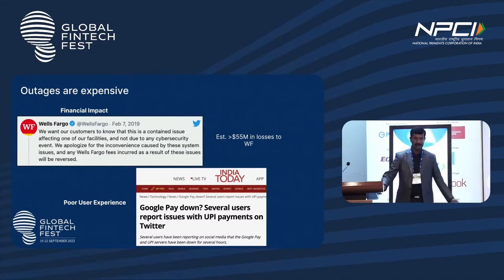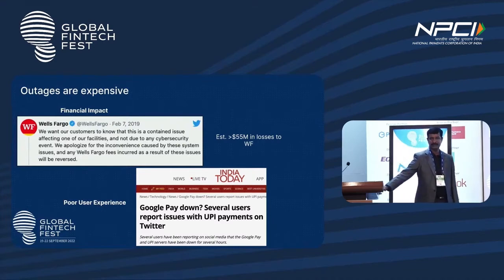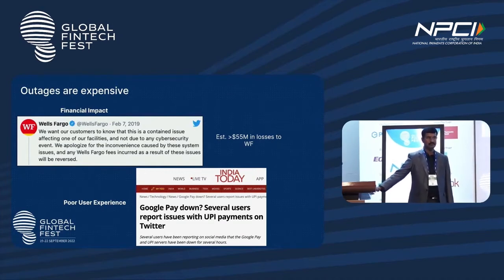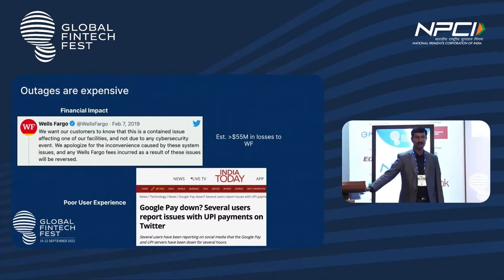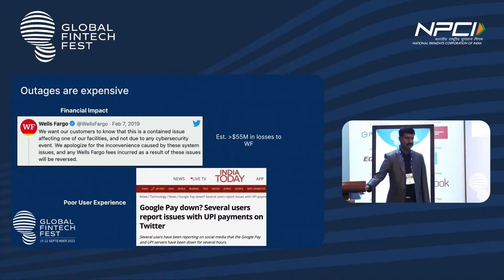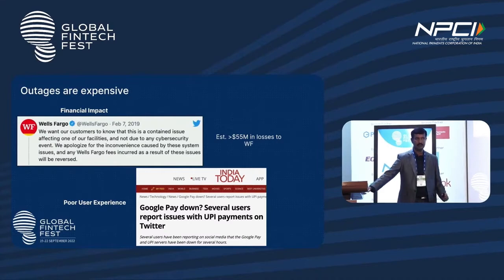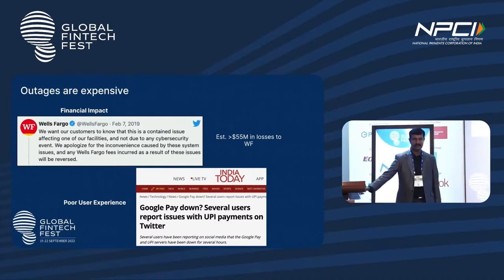It happened around the April timeframe. UPI services were down, and all over Twitter people were talking about UPI services being down. So it's very important. It's not just monetary losses. The credibility of your business can get affected.